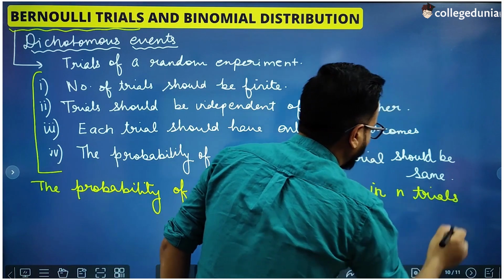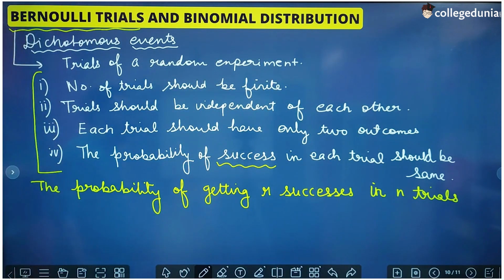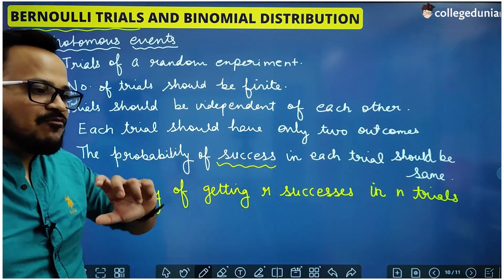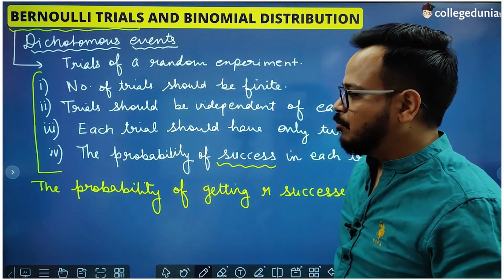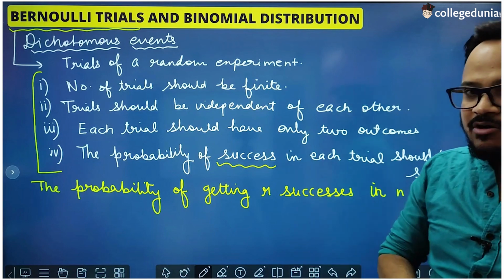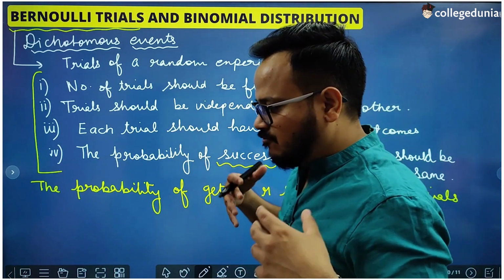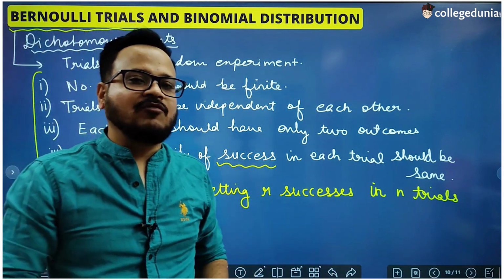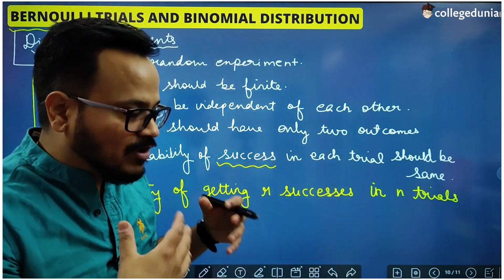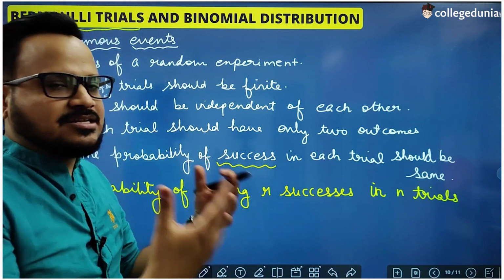The probability of getting R successes in N trials means that we have performed an experiment N times and we want to see what is the probability of getting R number of successes. For example, I have tossed a coin 10 times and I want to see what is the probability of getting 6 heads, right? What is the probability of getting head 6 times?